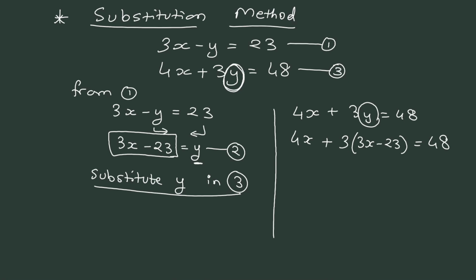Once you substitute the value of one variable in the other equation, see that this equation is in one variable now. Substitute means replacing. You can replace only the value which is equal. So y is equal to 3x minus 23. y can be replaced by 3x minus 23.